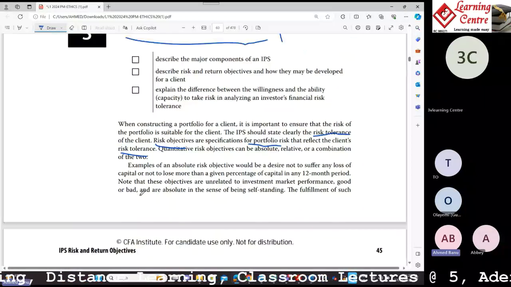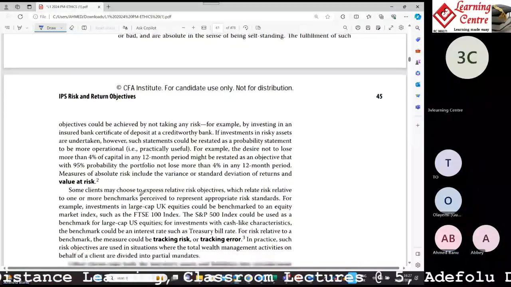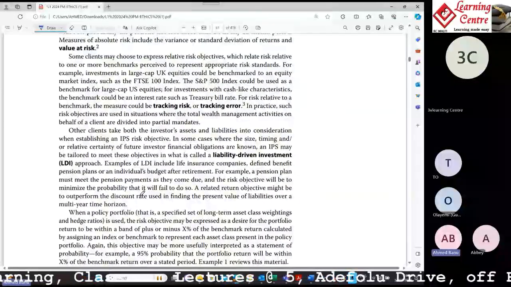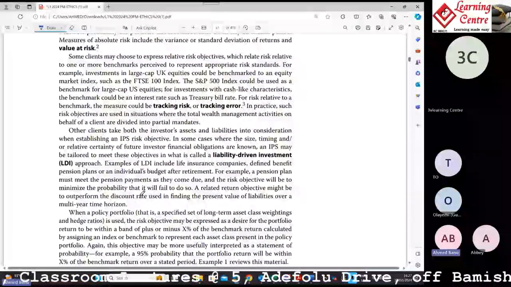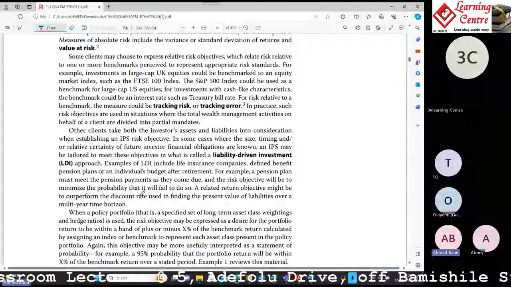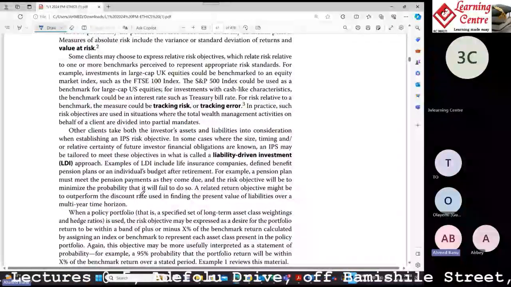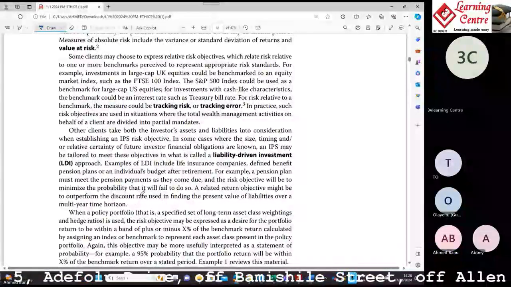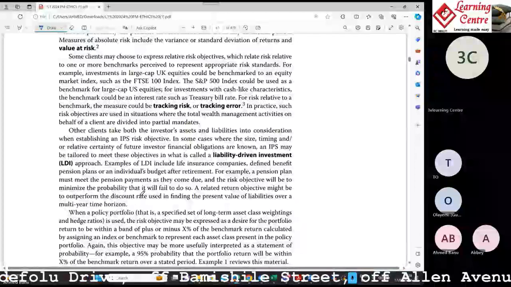But when we say relative risk objective, we are talking about comparing the risk of your portfolio to the risk of an identifiable benchmark. An easy identifiable benchmark, for instance, can be the treasury bill rate.